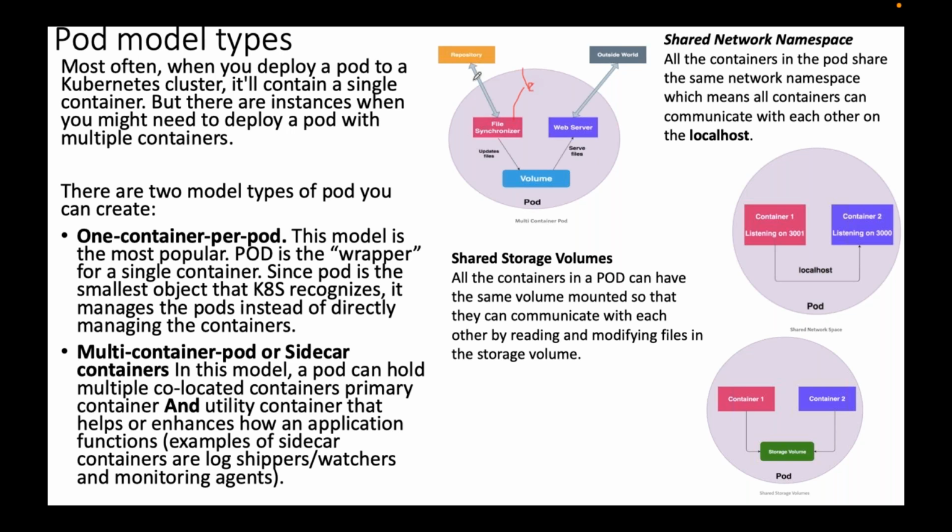Can I have some code which will read the data from outside, I mean from external sources like S3 or something else? This helper container can read the data from outside. Can it make it available to the volume attached to that pod?